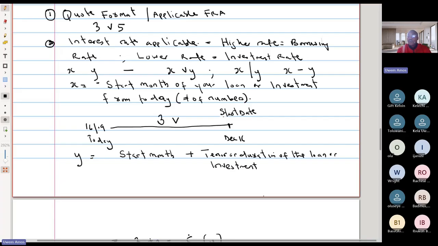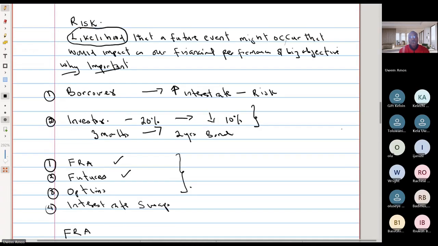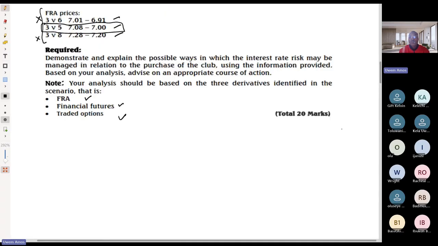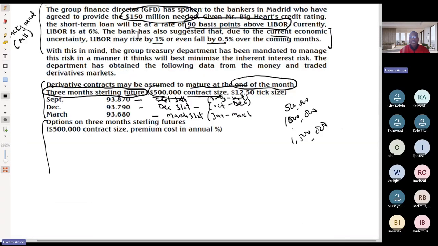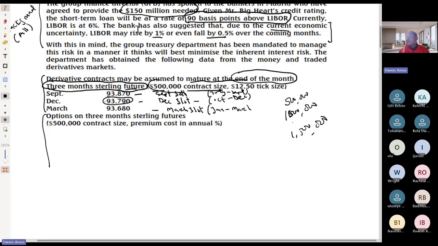The question tells us that the futures matures at the end of the month, so it will mature on December 31st. These are the futures that Mr. Bighard is going to buy, which matures at the end of December, and has a price of 93.79.